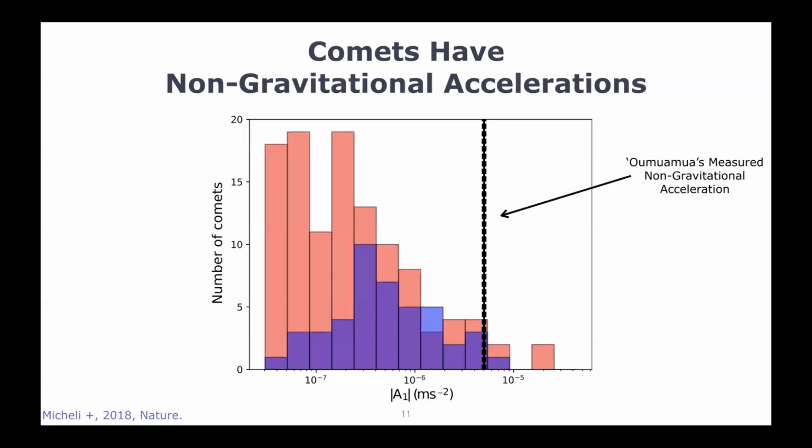Now remember, this happens in solar system comets all the time. So this is just comparing the measured magnitude of the non-gravitational acceleration of Oumuamua, in black here, with non-gravitational accelerations measured on solar system comets. And what's happening in solar system comets is you have ice that is sublimating and pushing a comet away from the sun.